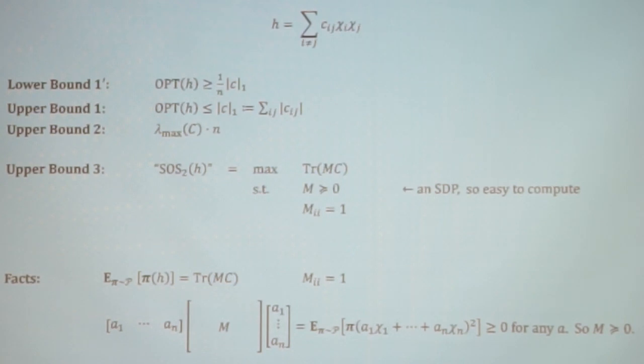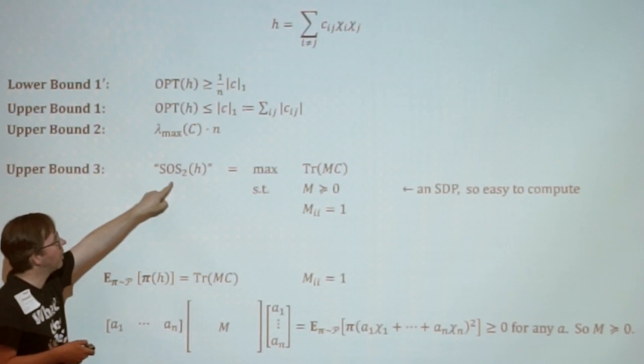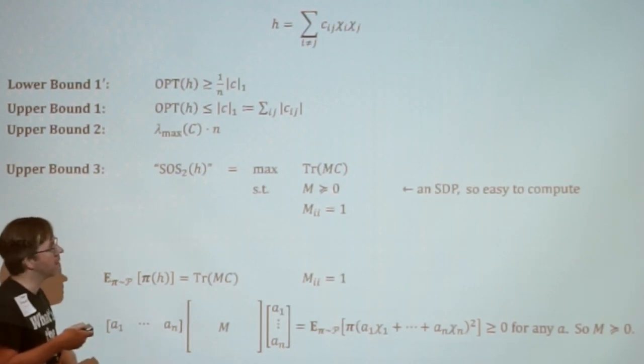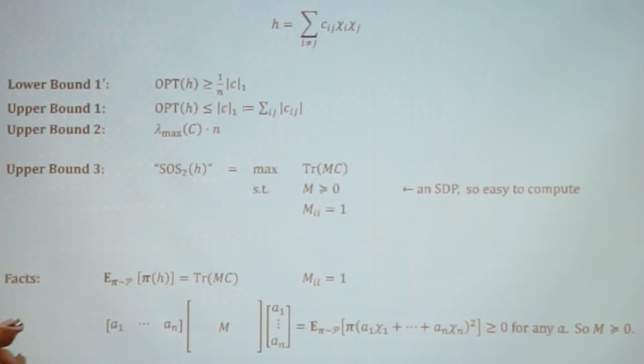So if you just forget the fact that maybe M arises from an assignment and just remember these facts about it and optimize over M's that satisfy these facts, then you're relaxing the problem. So you might get a bigger value, but that's what we do when we study this SDP, which is the maximum over all PSD matrices with 1s on the diagonal of the trace of M times the input numbers C. And the value of this optimization problem we'll call SOS2 of H, for reasons that I won't explain but will come up later.